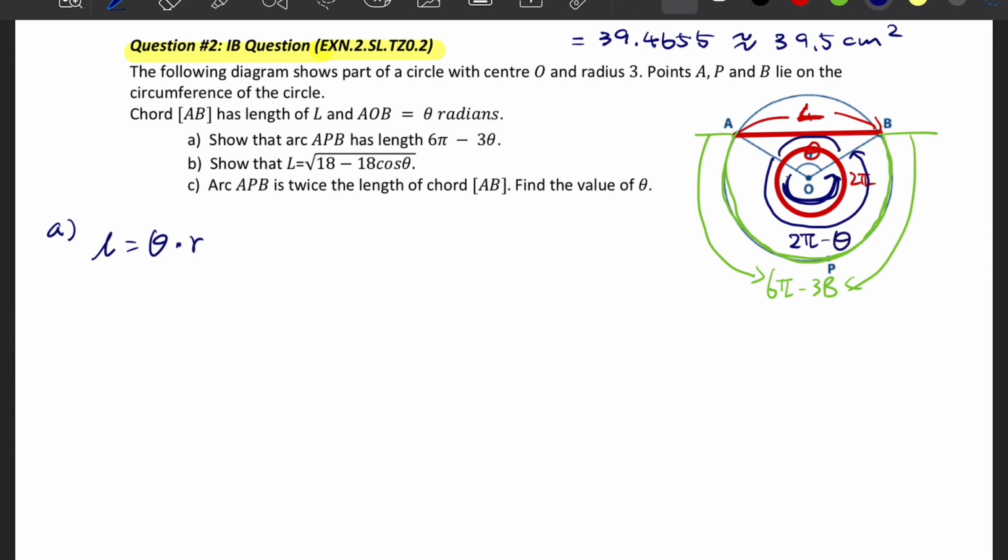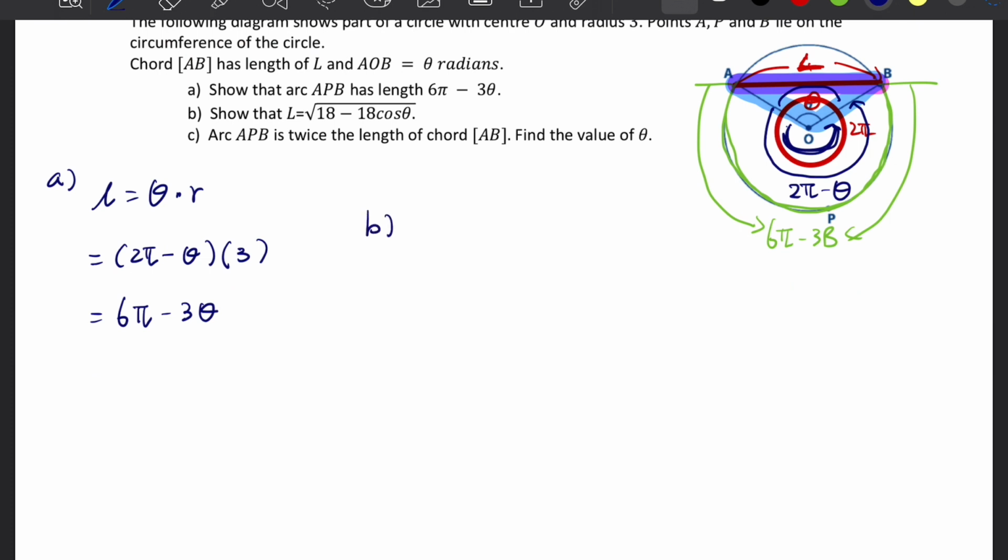So we can say that the arc length APB is equal to 2 pi minus theta times the radius 3, which is given in the question. Then the arc APB has length of 6 pi minus 3 theta.